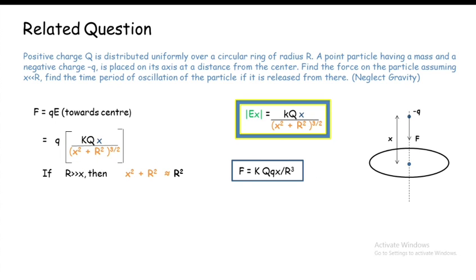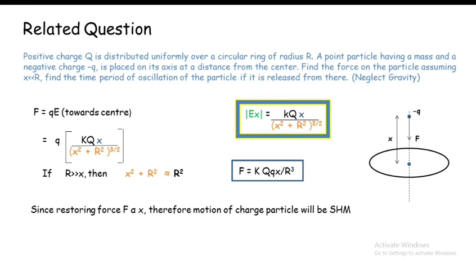So our force will be kq x small q by r cube. Since F is a restoring force, since F is directly proportional to x, therefore motion of charge will be SHM.